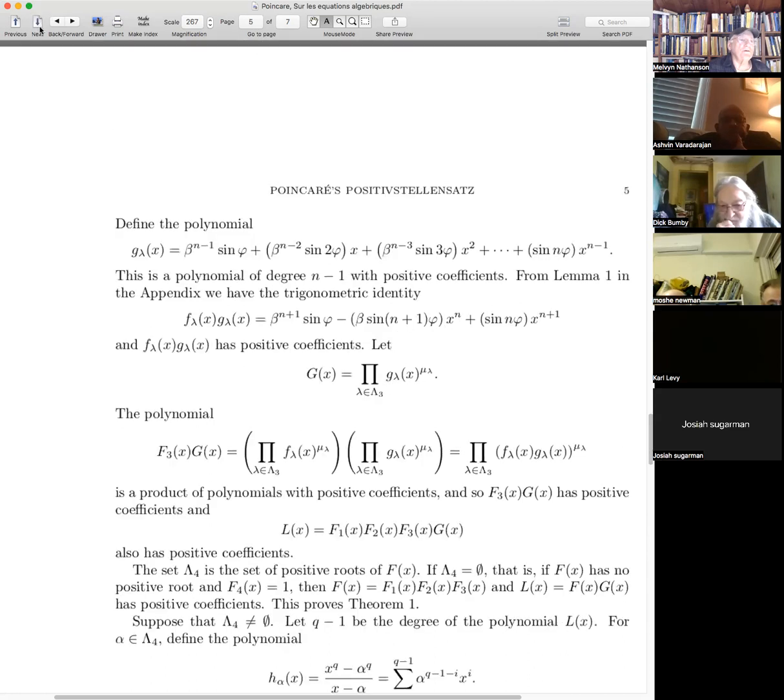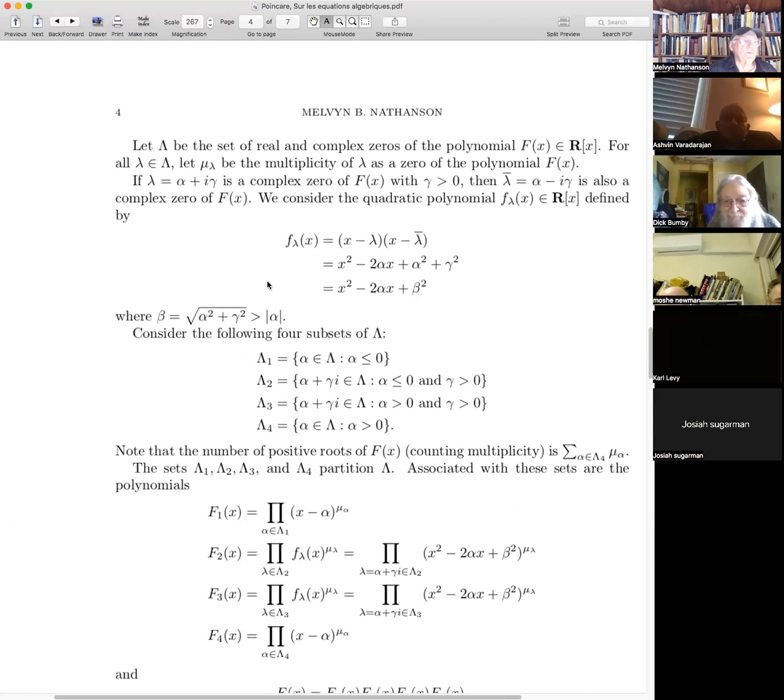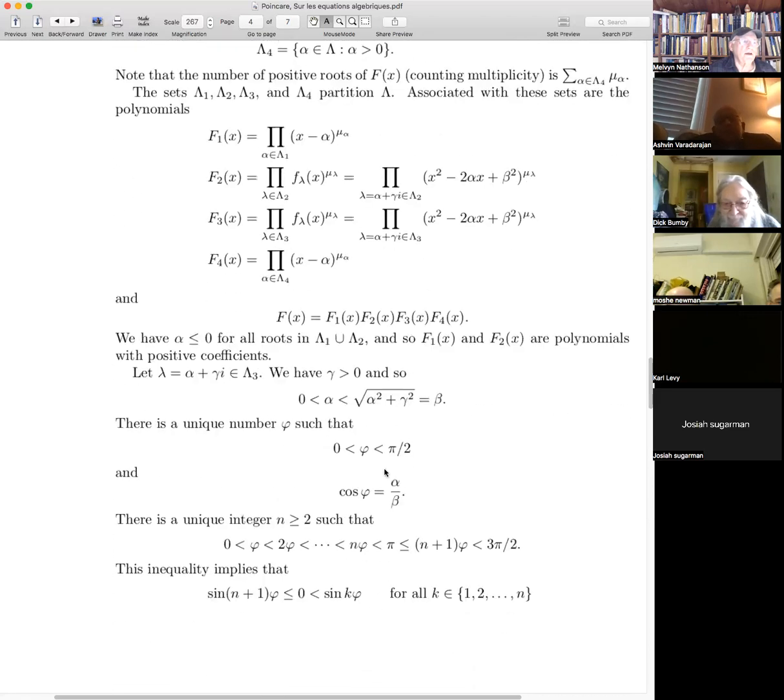Well, that's true. So we look at the following not obvious polynomial. Remember, let me just go back 1 second. I have a root alpha plus gamma i, and beta is the norm, the absolute value of lambda, right?